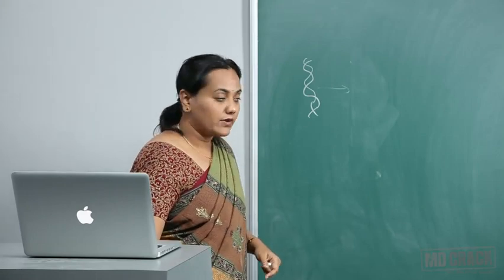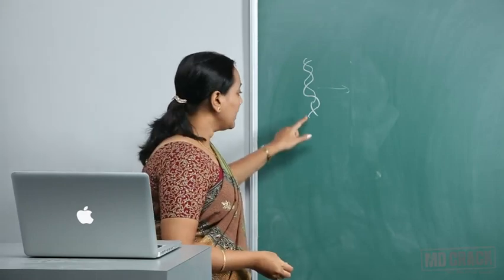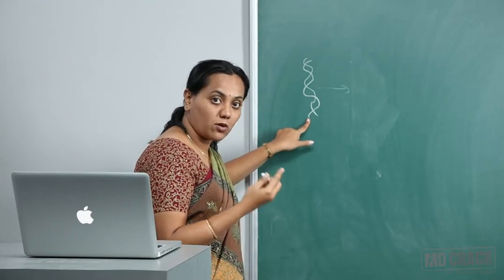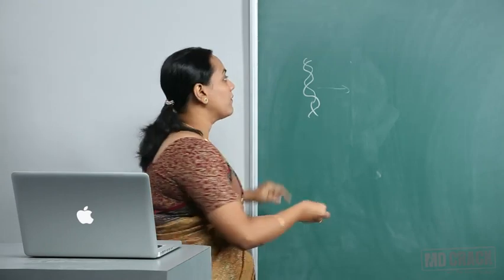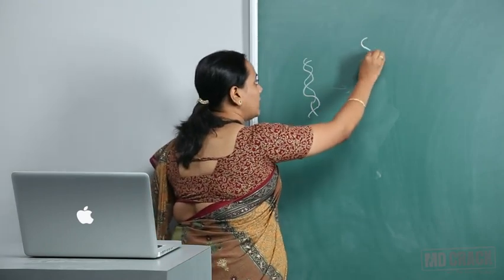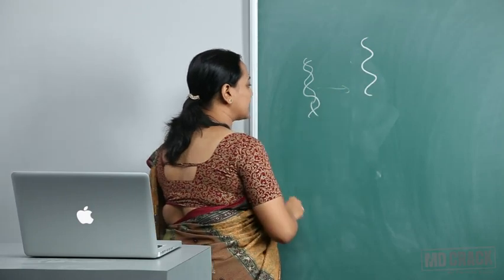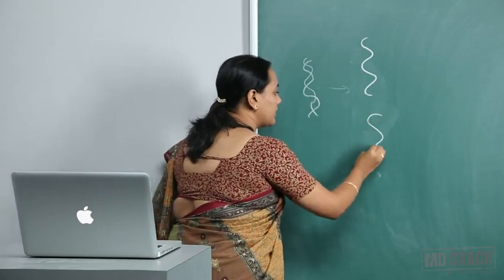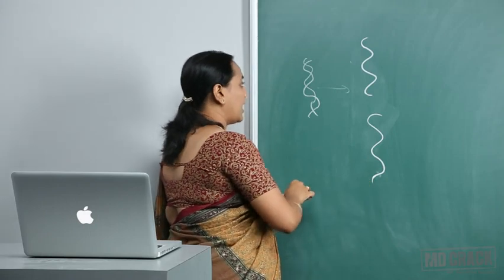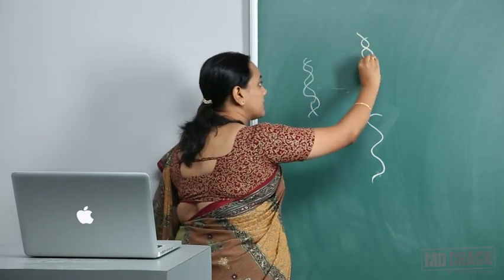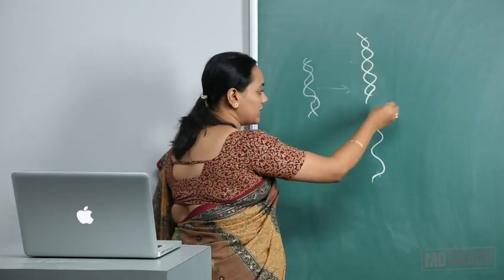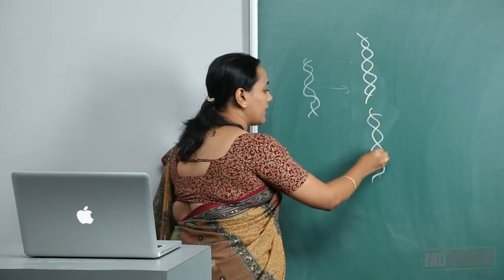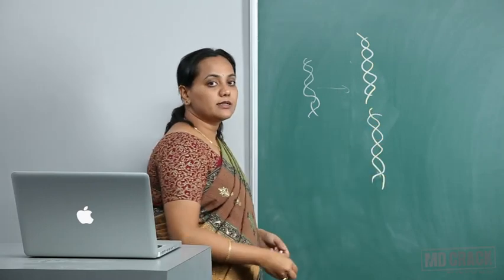It means each old or original strand will go to one daughter cell. So one daughter cell will have one original strand, the other daughter cell will have another original strand, and the daughter cells need both strands, for double stranded, so one newly synthesized strand.